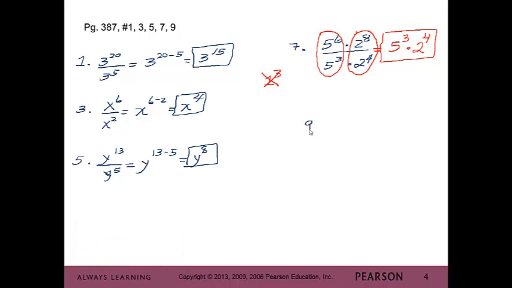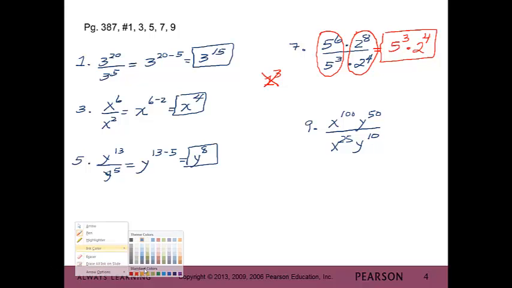And then number 9, we have x to the 100th power times y to the 50th divided by x to the 25th, y to the 10th. So just like number 7, we have to isolate our bases one at a time. So let's start with the x's.